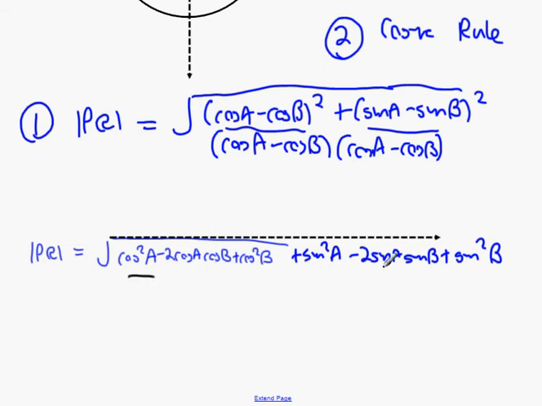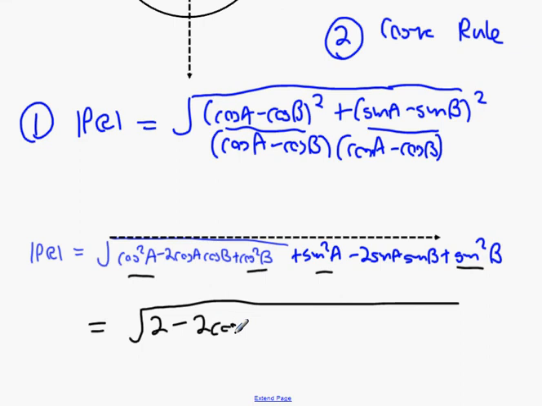Now, see cos squared A plus sine squared A? 1. See cos squared B plus sine squared B? 1. That's going to make the whole thing 2 minus 2 cos A cos B minus another 2 sin A sin B.